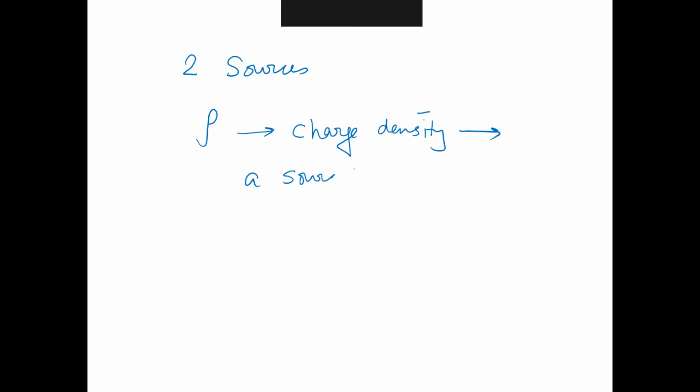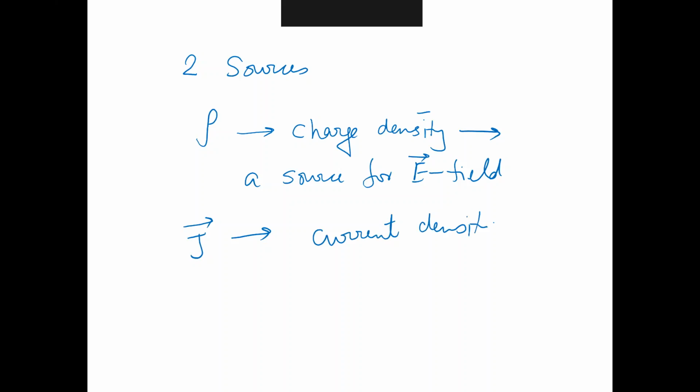Hidden within these equations are also 2 sources. You have rho, which is your charge density, the source for the electric field, and you have J, your current density, the source for the magnetic field.